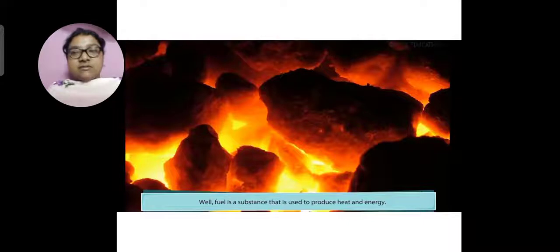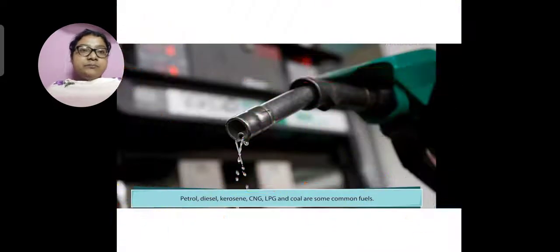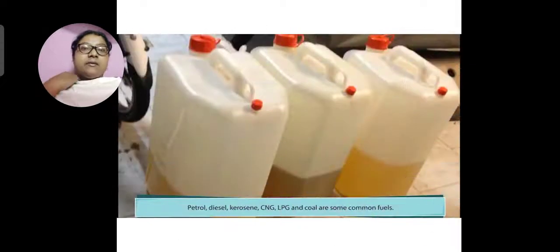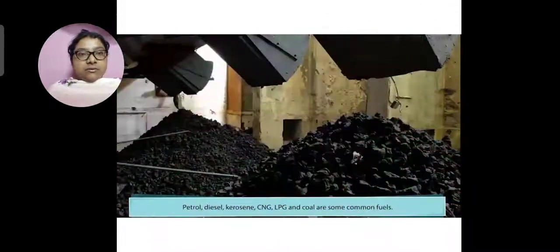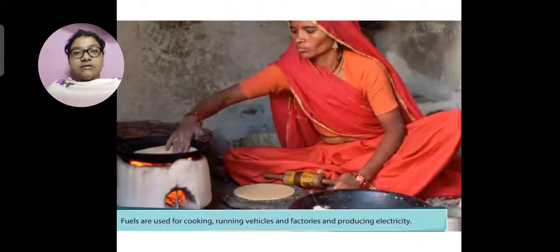Fuel is a substance by which we can produce heat and energy. The examples we can see here are petrol, diesel, kerosene, CNG, LPG, and coal, and these are some of the common fuels that we use in our day-to-day life, like fuels we use while cooking our food.